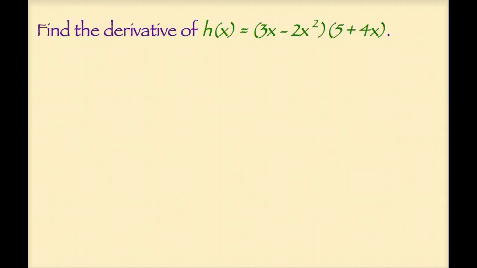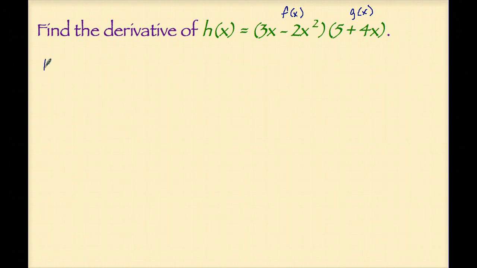Let's practice using the product rule. You can see that the function h of x is a product of two functions. We'll label this function f of x, and we'll label this function g of x. For this function, it would be possible to FOIL these two factors and then use the power rule. However, of course, that will not always be the case, and so let's practice using the product rule now for the times where we will not be able to use the power rule.